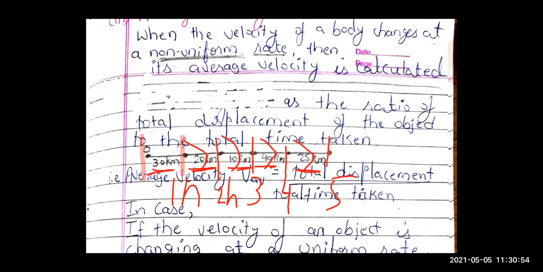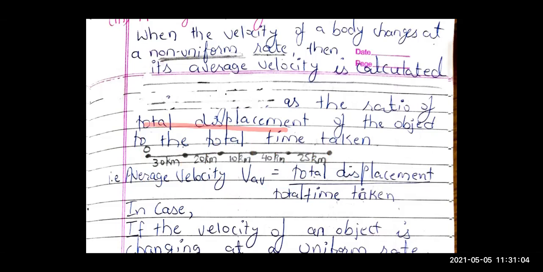So in this case, if you want to find the average velocity, how will you find it? Your formula for average velocity will be total displacement by total time taken. If I add 30 plus 20 plus 10, that is 60, 60 plus 40 is 100, 100 plus 25 is 125.